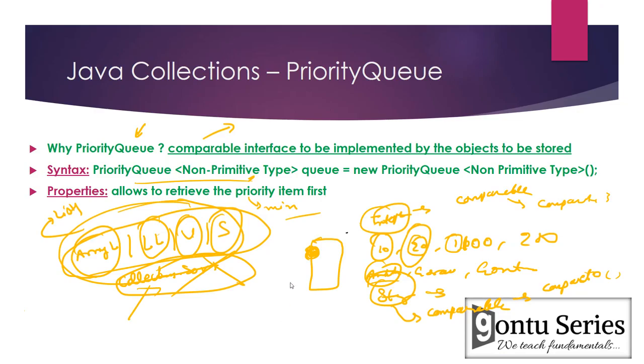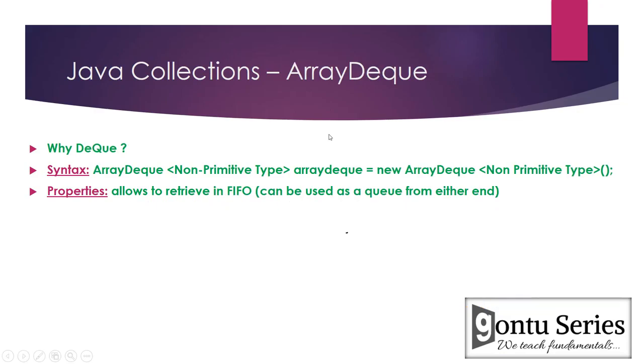Now the way we have learned about the priority queue, in the same way there is one more concept available known as ArrayDeque. Now how does this concept work? Well, there is no concept of ascending order, meaning priority element means minimum element. Here it works on the generic principle of a queue. So whatever element you are adding, say 10, 20, then 1, and then 100, and then say 200, the way you are adding elements, the same order is going to be maintained inside it.